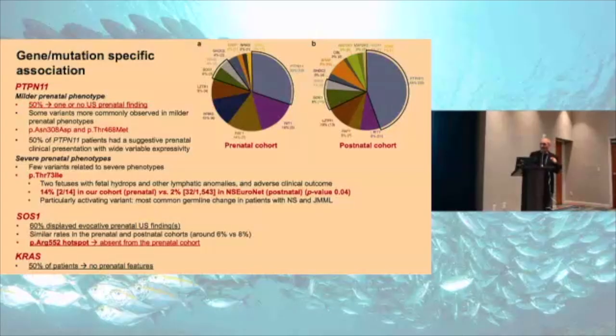But we also observed some PTPN11 activating variants that at postnatal level are associated with a very severe form of Noonan syndrome associated with JMML, that have a very high frequency, 14% compared to the postnatal spectrum, which is 2%, in two fetuses with fetal hydrops and lymphatic abnormalities and adverse clinical outcome. And we never observed, for example, mutations affecting this hotspot in SOS1, which is the most common mutation seen at postnatal level.